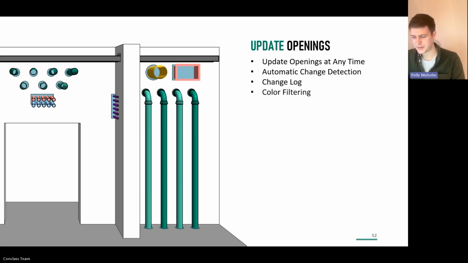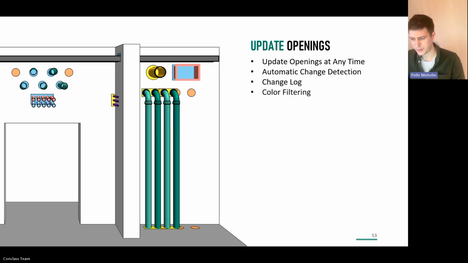The next feature is to update the openings. When design changes are involved, you have to update the openings. And that's an automatic process with ConVoid. So you can update the openings at any time, meaning you can focus on your MEP design, on your architectural design.